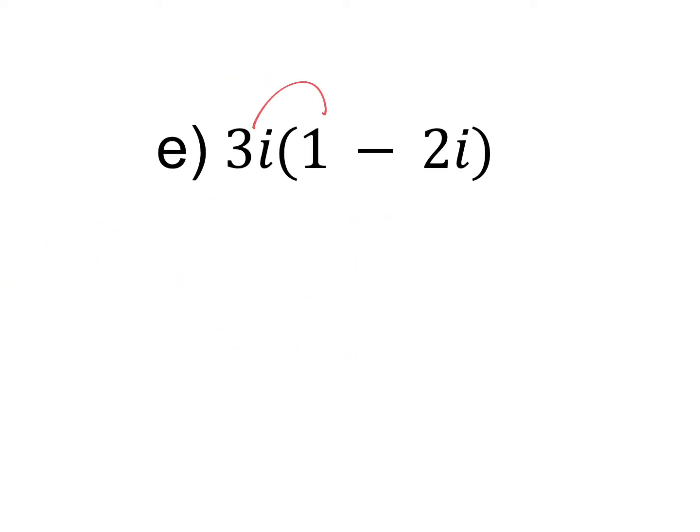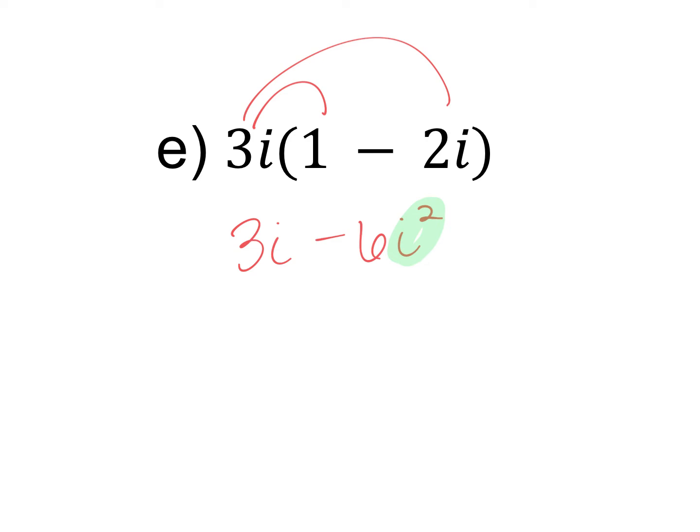E. 3i times 1 is 3i. 3i times negative 2i would be negative 6i squared. But, ding, ding, ding, red flag, we have an i squared. Anytime you have an i squared, you can simplify it, and you need to if you want to get all your points.